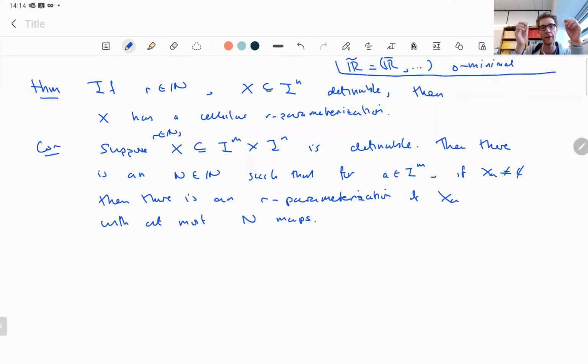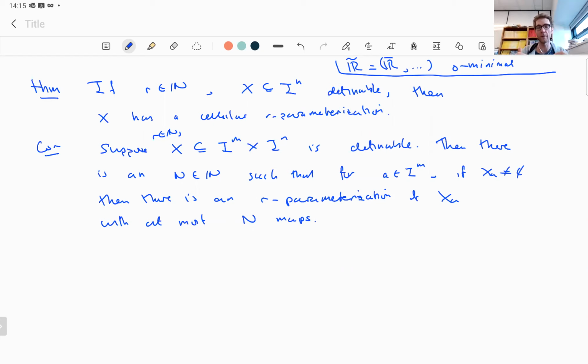So what you do is you take a cellular parameterization of all of X, and then you fix the value of a and look at the maps whose image intersects the fiber, and you take a back and you plug it into the parameters. And because the map is cellular, that makes sense.